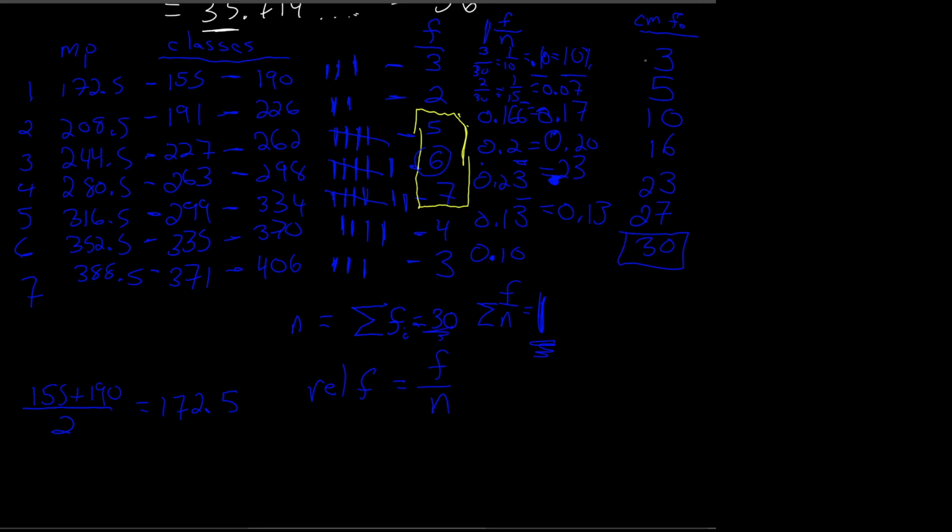And what it is is a running total of how many things I've had so far. So I can say when I get here, I've had 16 out of my 30 already. And so before this is 50% of the things. And so I have 50% of the things in this window here, and 50% of the things end up being before this.